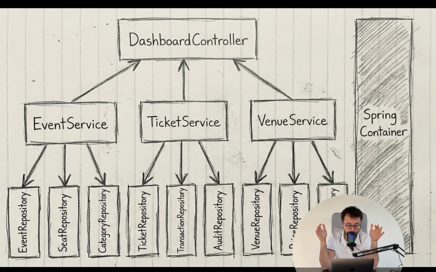Nothing surprising here either, because more often than not, this is the flow you're going to work with as a Spring developer. Services depend on repositories and controllers depend on services. But the important part is actually on the right side of this diagram, that vertical box labeled Spring container. That's the part we have been missing in our first example at the start of the video.